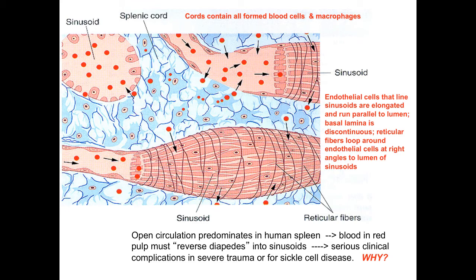It also poses problems for patients with sickle cell disease because, as you might imagine, sickle cells can't change or deform their shape that easily, so you get a lot of sickled cells in the red pulp cords that can't diapedese back into the sinusoids, and this is where the anemia, sickle cell anemia, comes in. The red cells get eliminated in the spleen of sickle cell patients because they can't get back into the circulation in general.